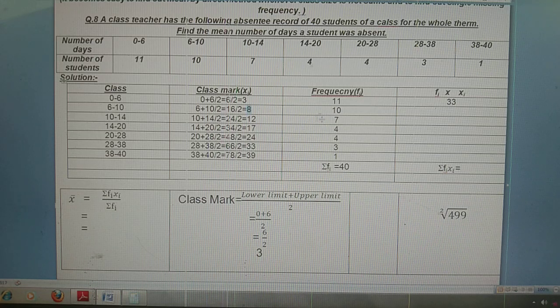Here 8 times 10 is 80. 12 times 7 is 84. Here 17 times 4 is 68. 24 times 4 is 96. 33 times 3 is 99 and 39 times 1 is 39.